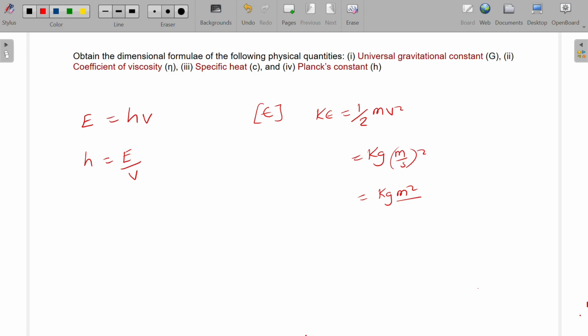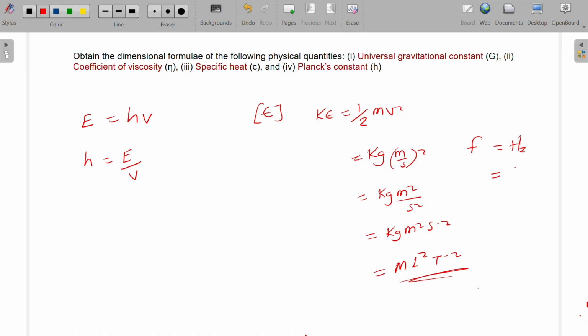So what we have here is kg m squared divided by s squared. When we take our s squared on top, we have kg m squared s to the minus 2. And this will give us the dimensions of M, L to the power of 2, and T to the minus 2, which are the dimensions of energy that we established on the other side.